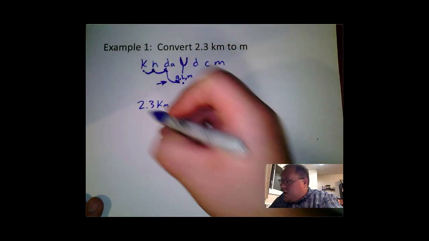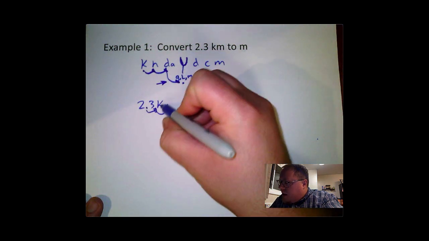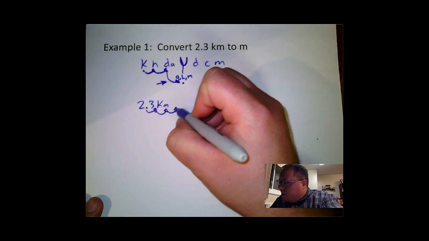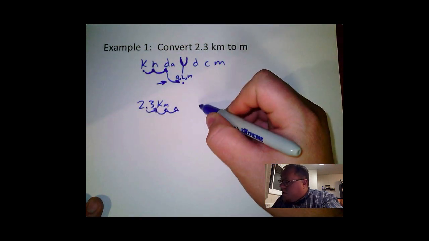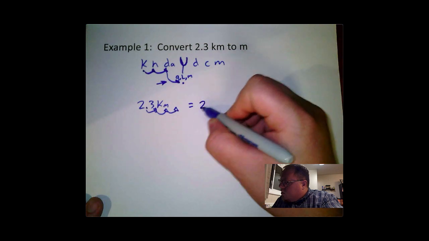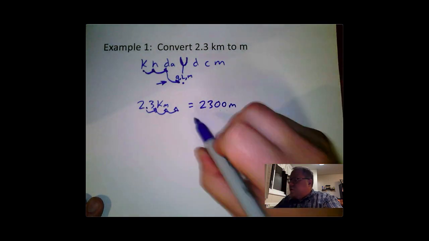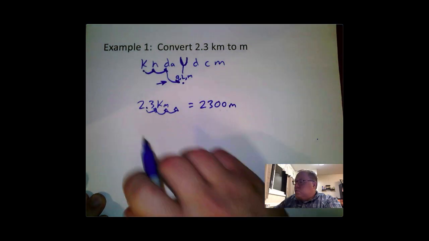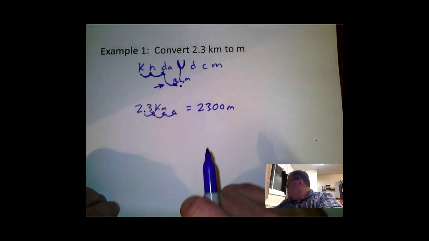I take my decimal place and move it 1 step, 2 steps, adding a 0, and then 3 steps. So that would be 2300 meters. So that's how you can convert by just moving the decimal place in the metric system.